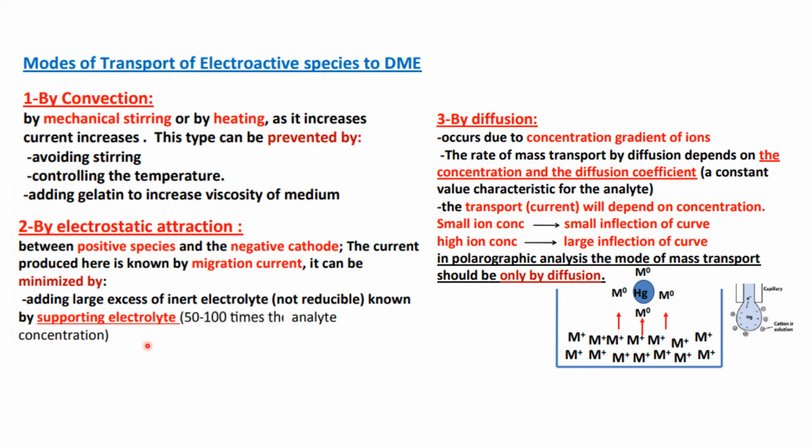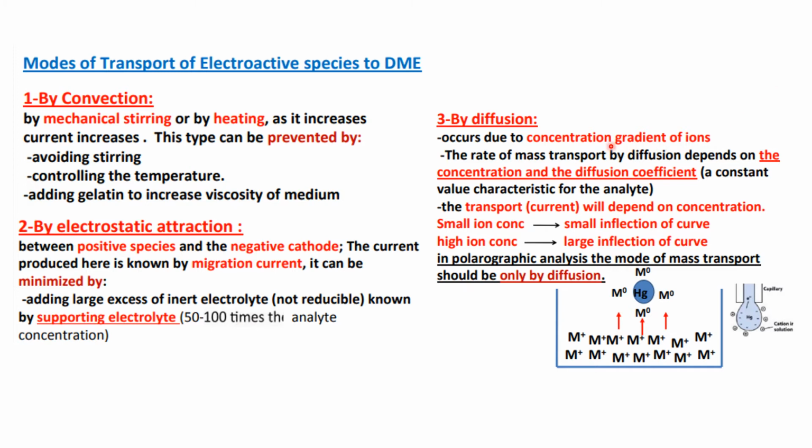The function of the supporting electrolyte is to prevent electrostatic attraction, and the concentration of the supporting electrolyte will be 50 to 100 times larger than the analyte concentration. That is a special condition that you have to apply for the supporting electrolyte. That is also a very important point regarding polarography, because it is asked in many questions, so you have to note it down.